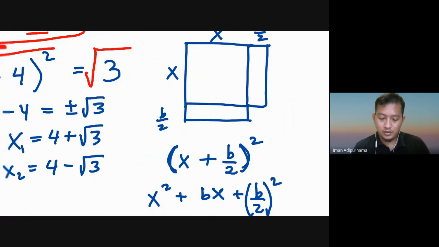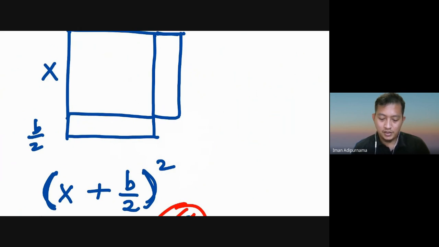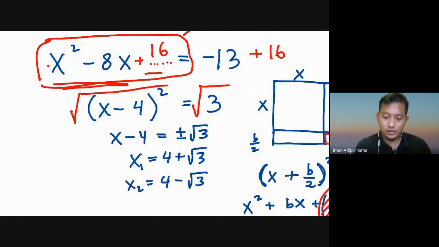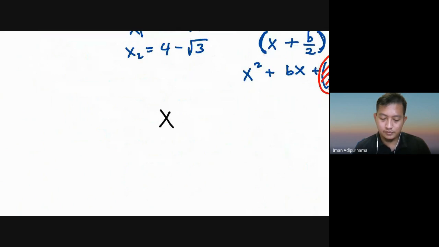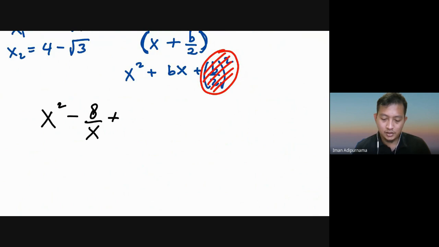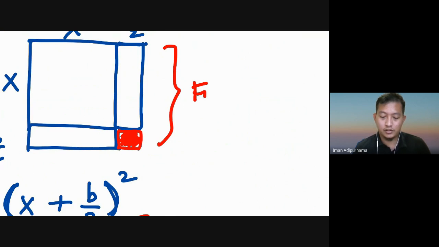If you are missing this, imagine this is being removed, you will be missing this, right? So when you are dealing with this x squared minus 8x, actually you are missing this part. That's why you need to add the red color here to make it a full square.